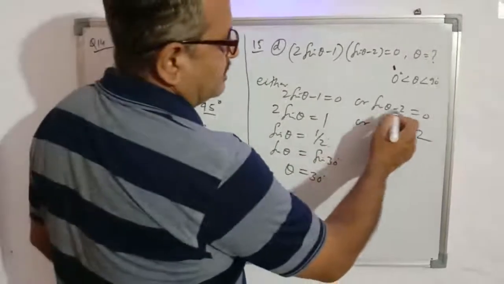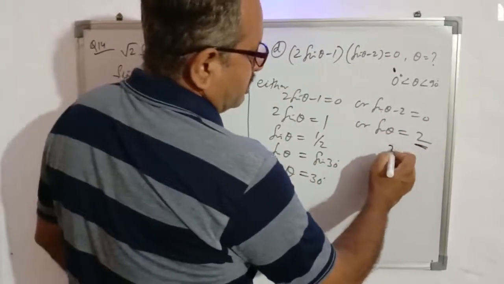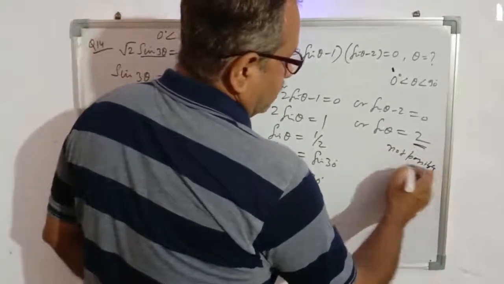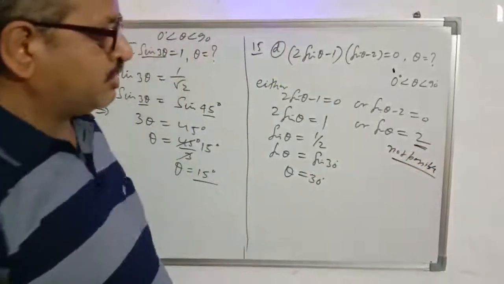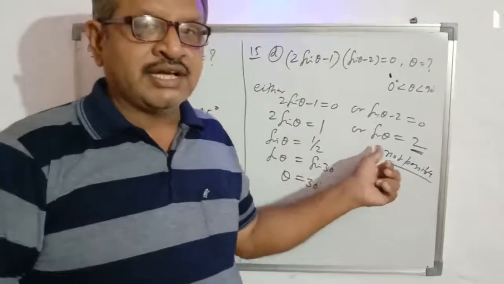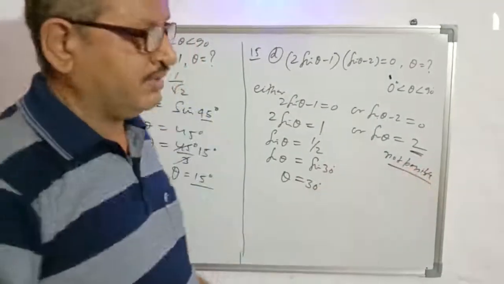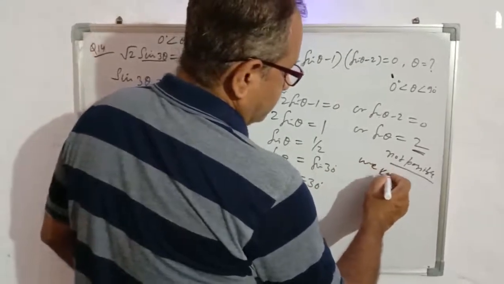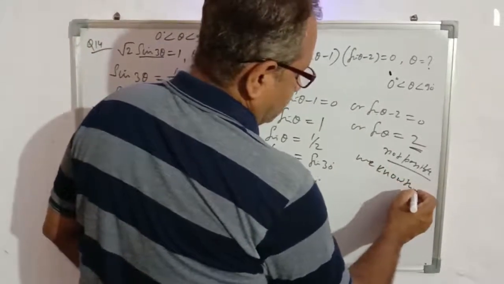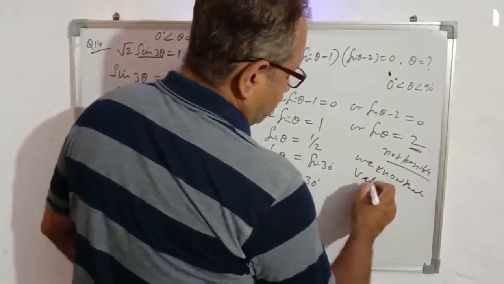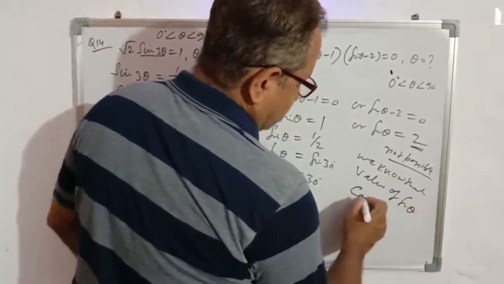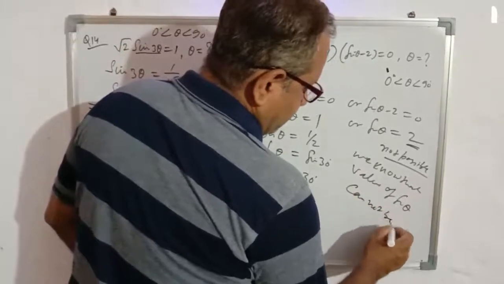And here sine theta is equal to 2. Not possible, because value of sine theta cannot be greater than 1. We know that value of sine theta cannot be greater than 1.